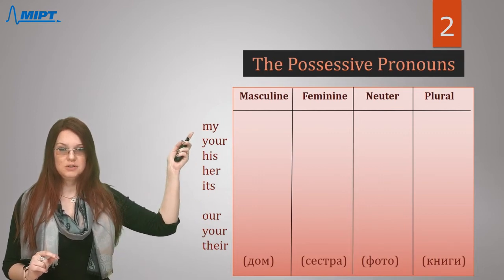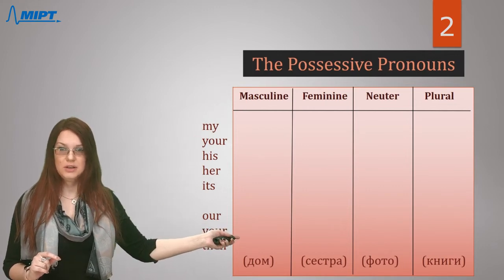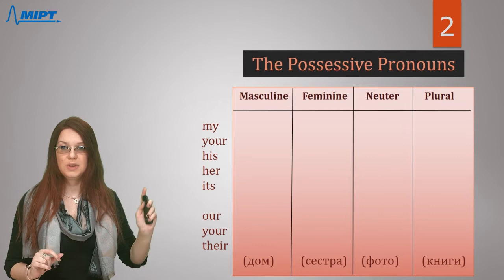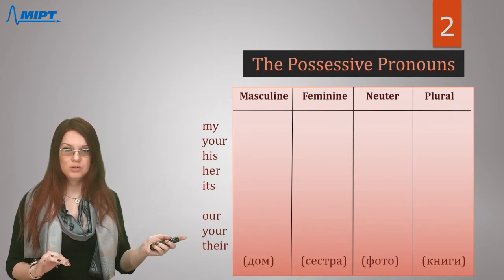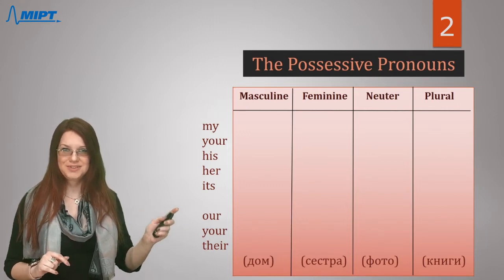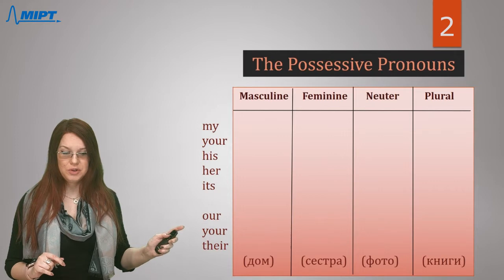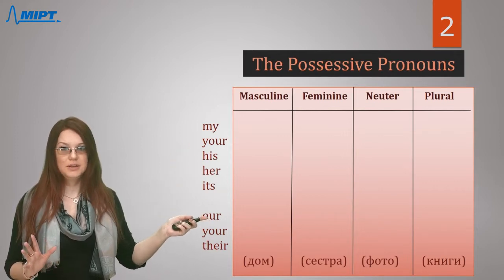If this noun is feminine, like сестра, we will choose another forms. If this noun is neutral, for example, фото, окно, метро, and so on, we will choose another forms. And for nouns in the form of the plural, for example, книги, we will use another forms too.